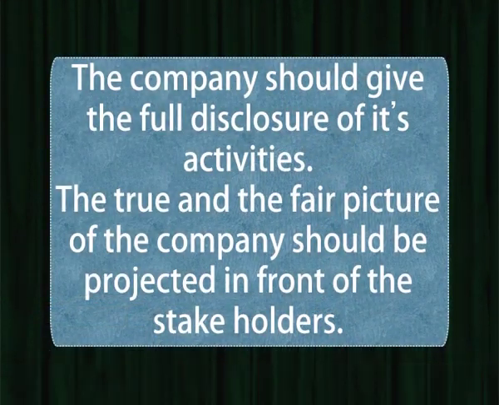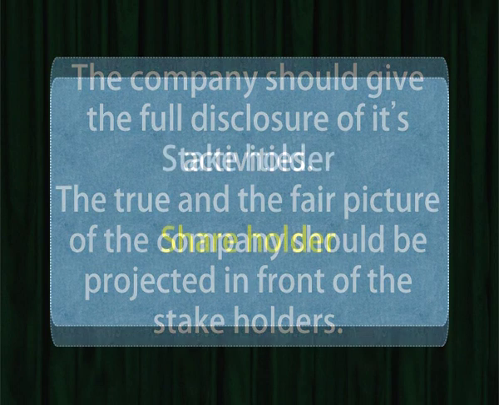Another object of enacting the law is that we want the company to give full disclosure of its activities. The true and fair picture of the company should be projected in front of the stakeholders.